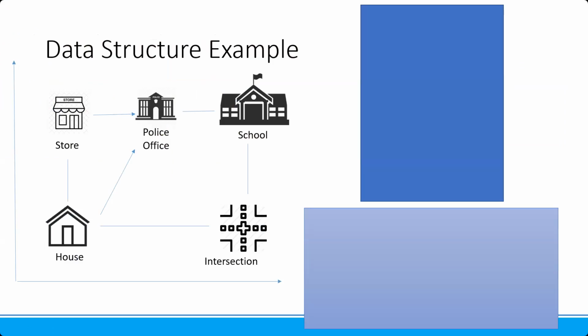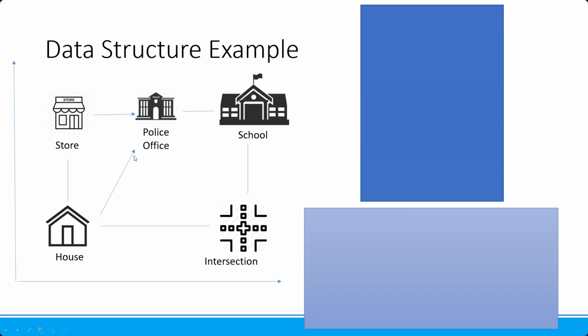For example, I have this map. This is a simple one. Let's suppose you can see the arrow. It means from house, I can go to store, and from store, I can go to house, because there is no direction. So we can have two directions.